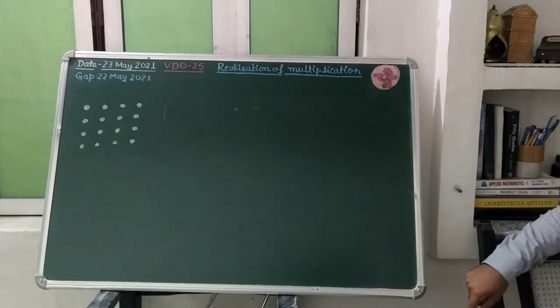Here is an array. We are getting rows and columns, and we are having an array of dots. So the first task should be, how many dots are there, students? Count how many dots are present in this array.